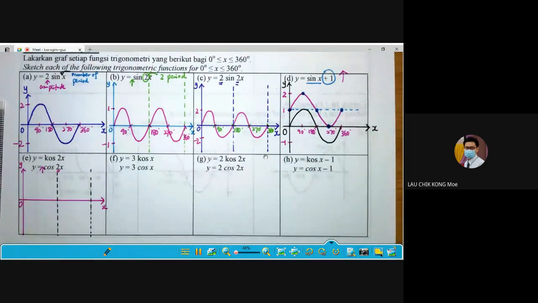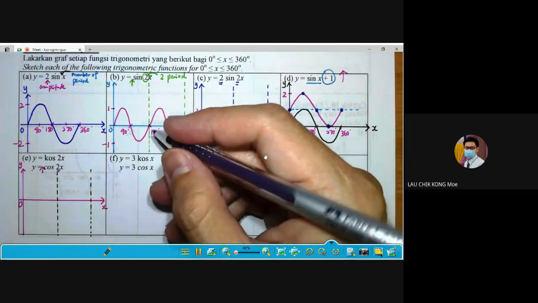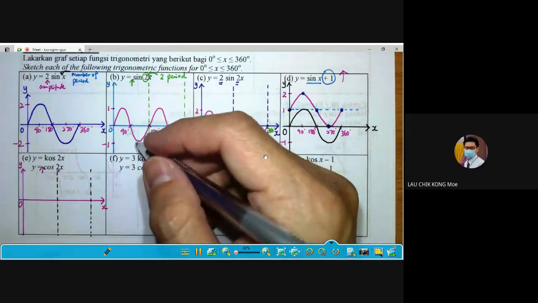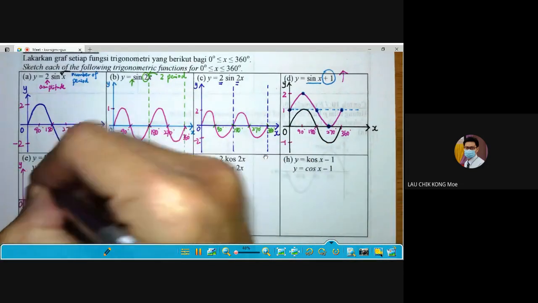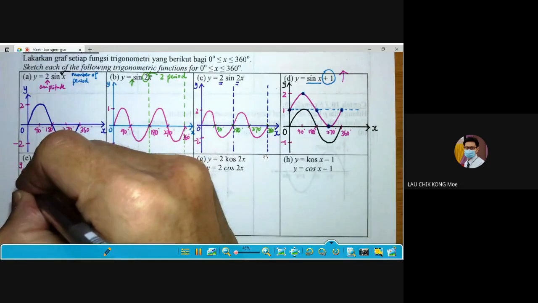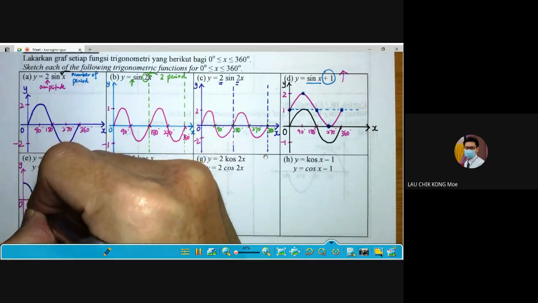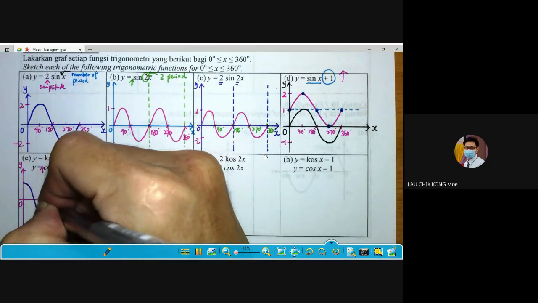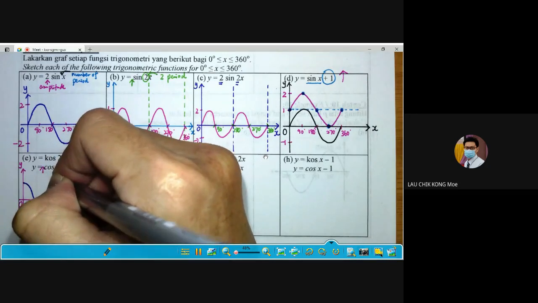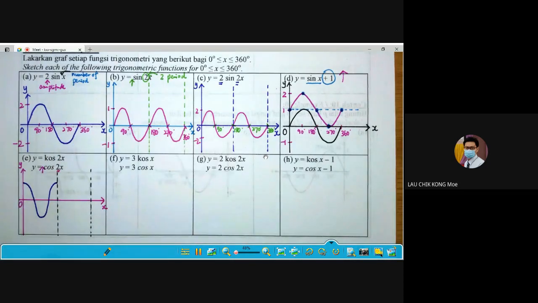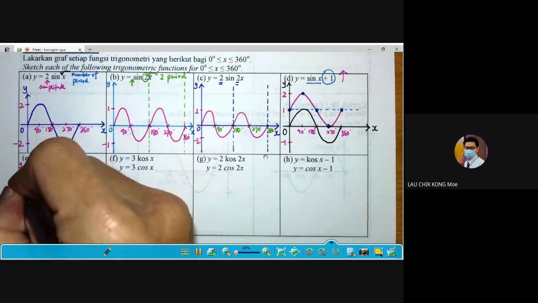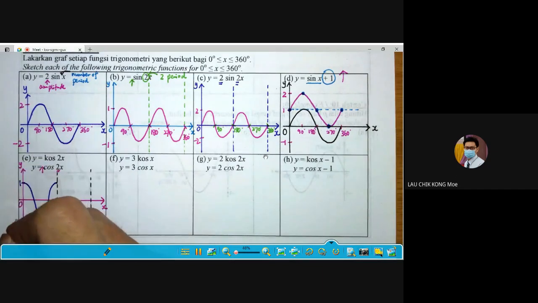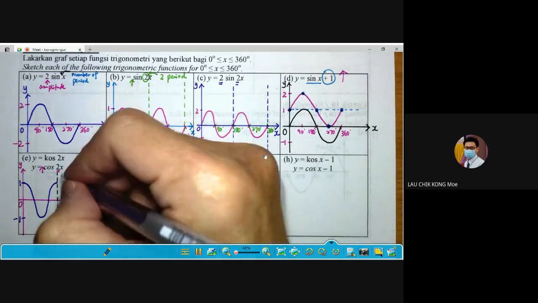Okay, so next. We want to draw cos, right? The amplitude is 1, so the first period goes from 1 to -1. This is the first period for cos, amplitude 1 to -1. And then the second one we continue.